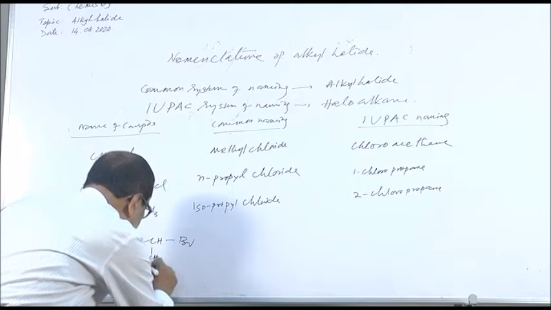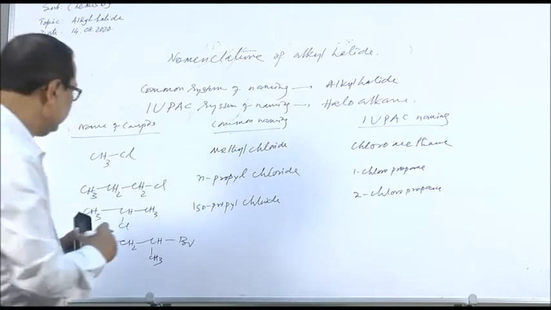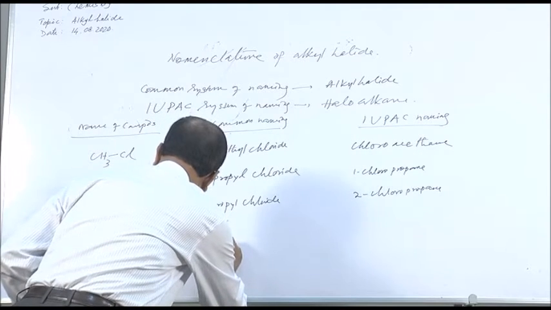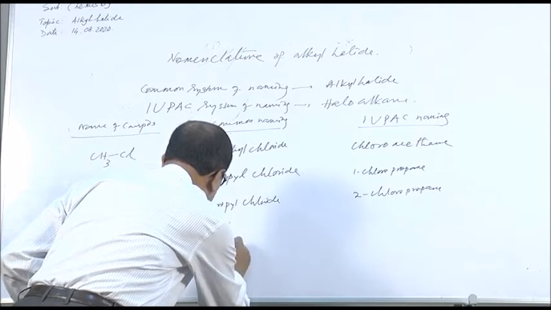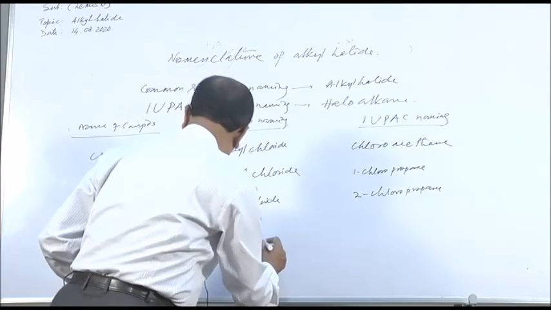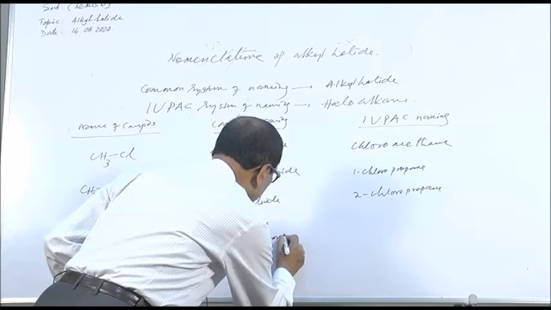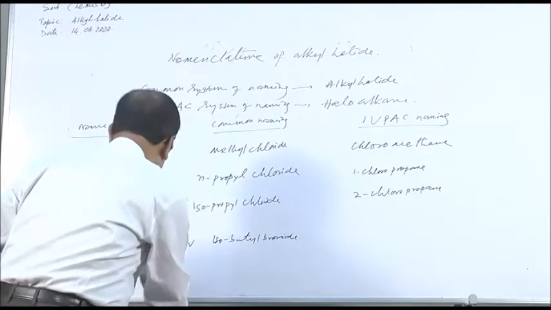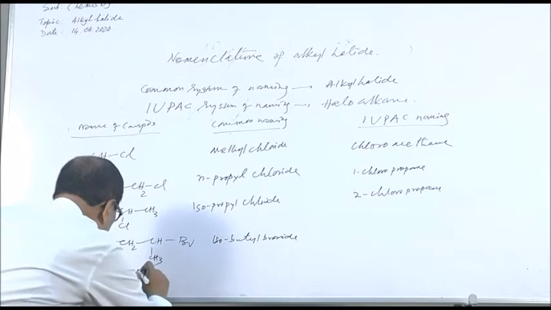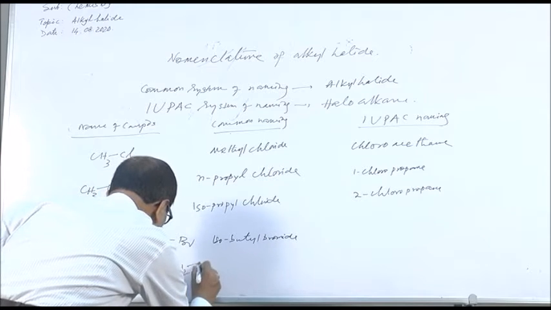Another compound is called isobutyl bromide, and the other one is CH3CH2CH2CH2Br.